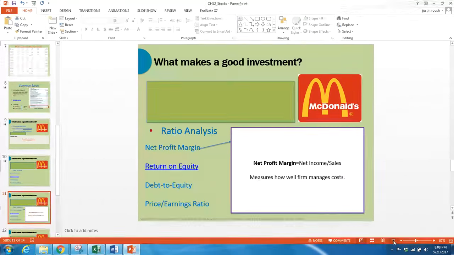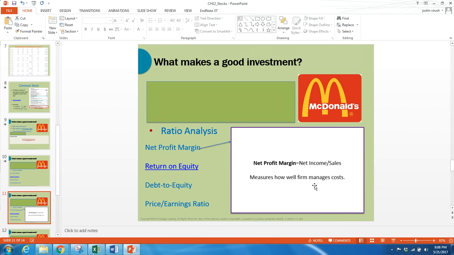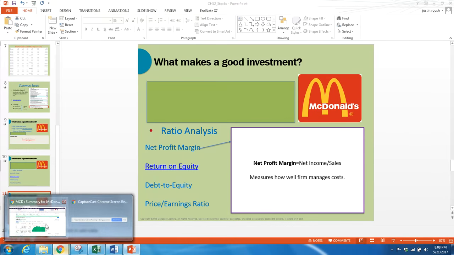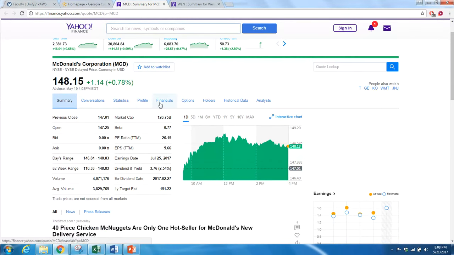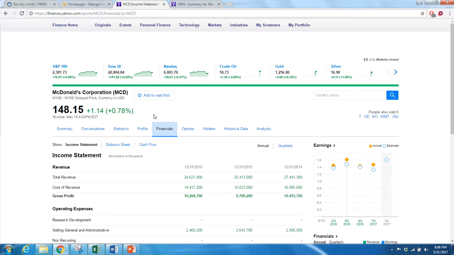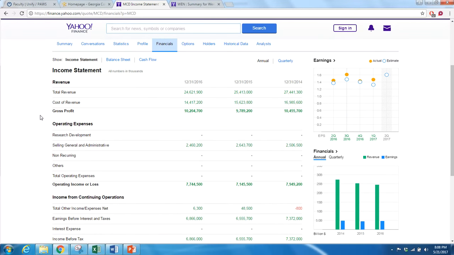So ratio analysis. First thing, net profit margin. This is net income over sales. And so if you think about what this does, let's take a look at it for McDonald's here. I can find under financials the different spreadsheets of the firm: the income statement, the balance sheet, and the cash flow.